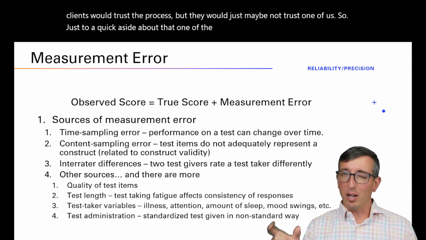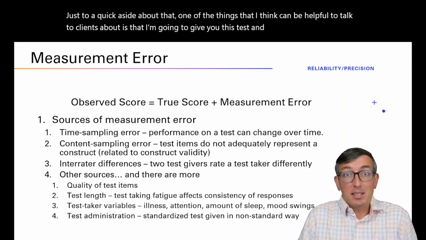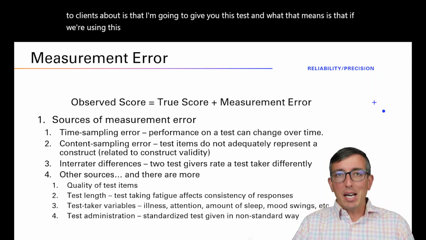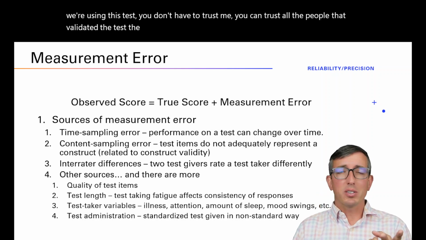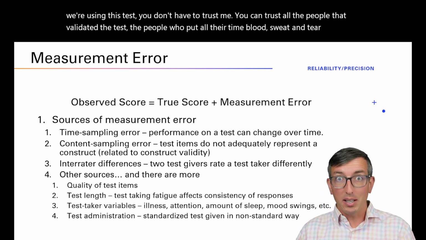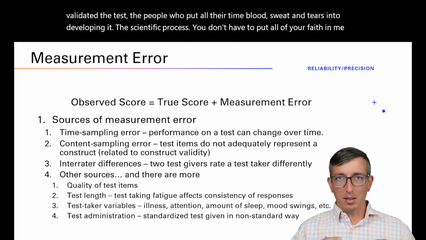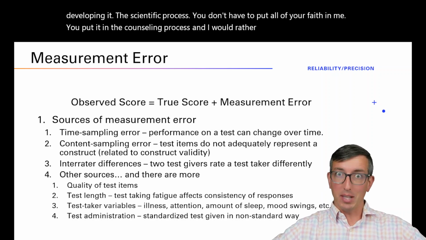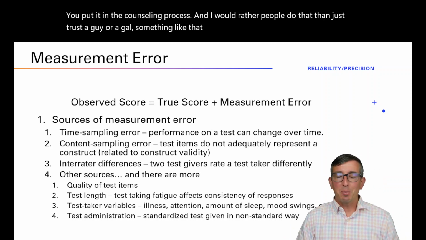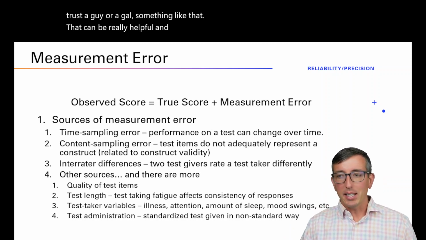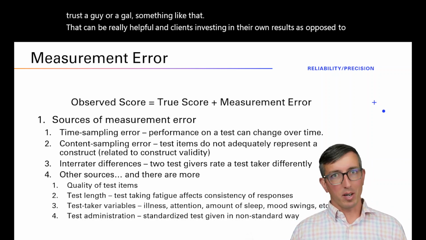One of the things that I think can be helpful to talk to clients about is that I'm going to give you this test. And what that means is that if we're using this test, you don't have to trust me. You can trust all the people that validated the test, the people who put all their time, blood, sweat, and tears into developing it, the scientific process. You don't have to put all of your faith in me. You put it in the counseling process. And I would rather people do that than just trust a guy or a gal. That can be really helpful in clients investing in their own results as opposed to investing in you as the therapist or the counselor.